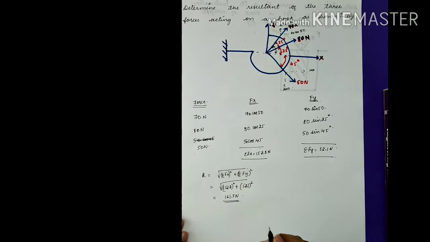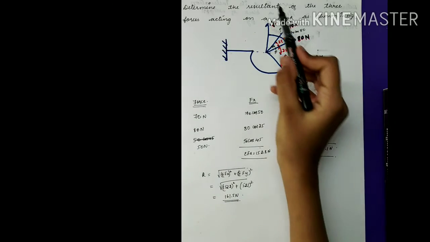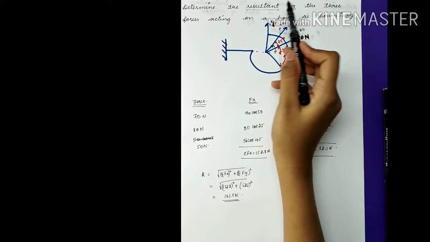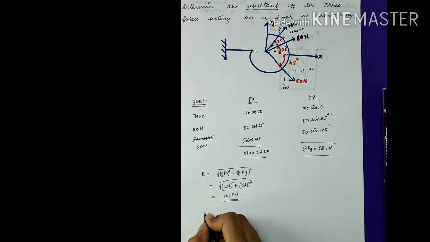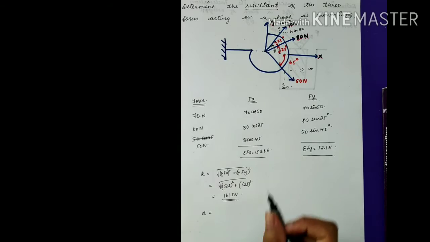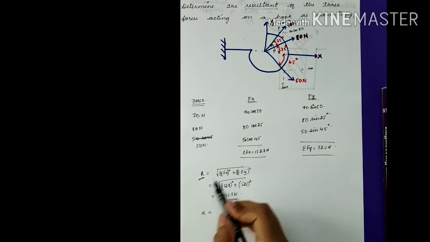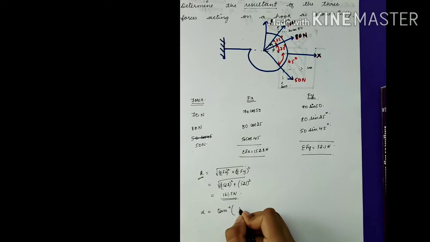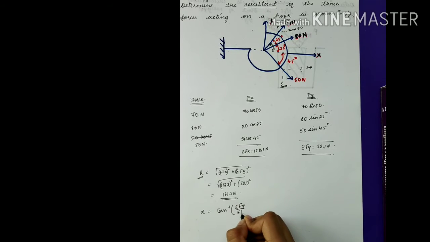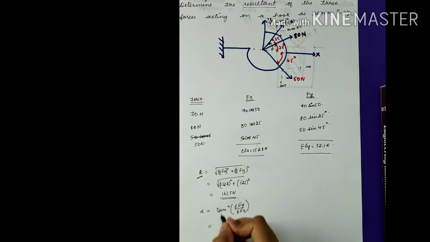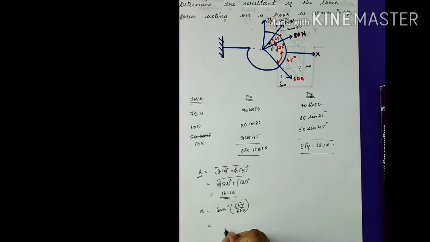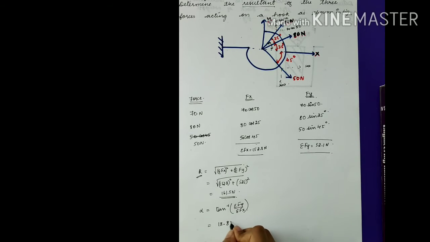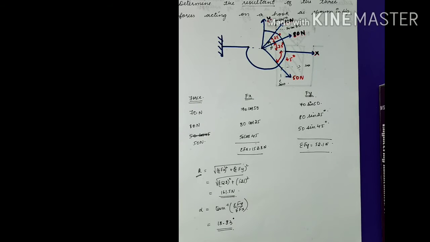One more thing: if they have asked to find the resultant, you must calculate the direction of the resultant as well. Don't think that you just need to calculate R. You have to calculate the direction of the resultant, that is tan inverse of summation Fy upon summation Fx. Substituting, you will get 18.83 degrees. I hope you understood this problem.